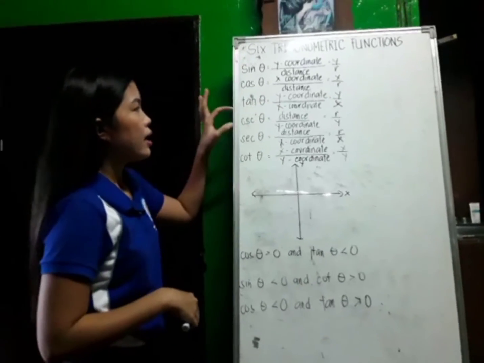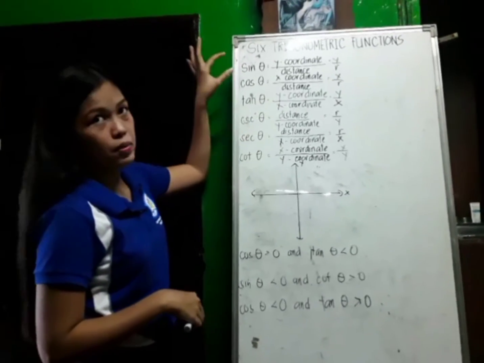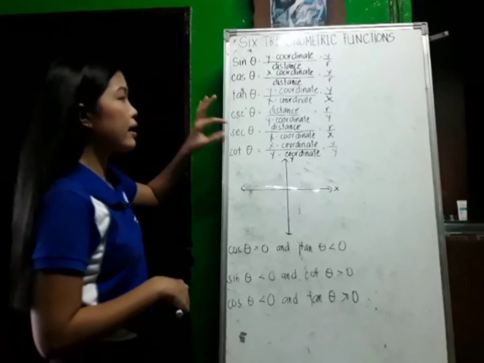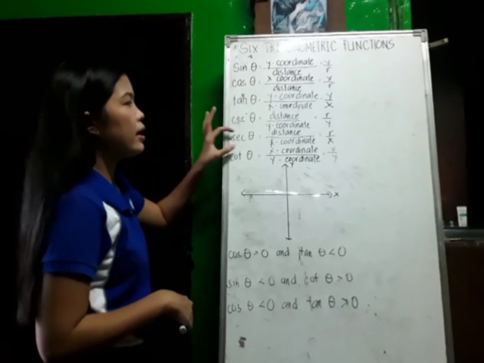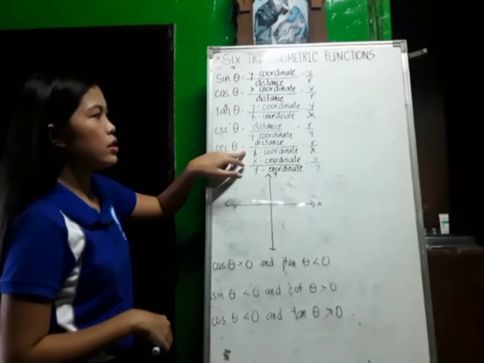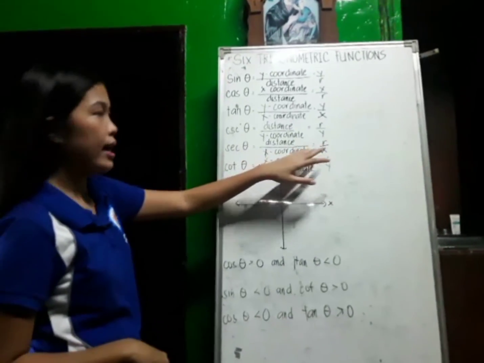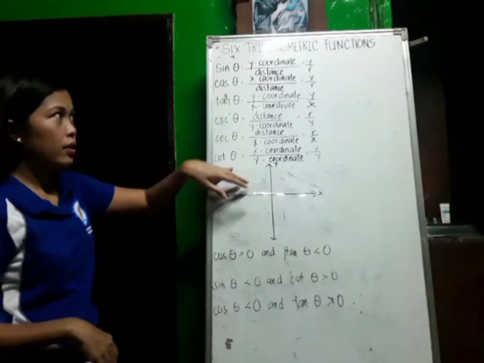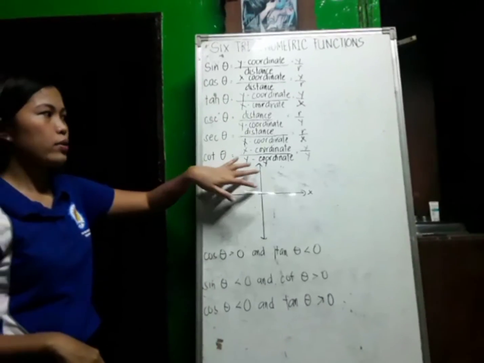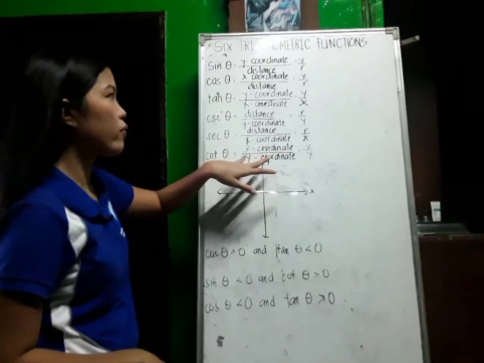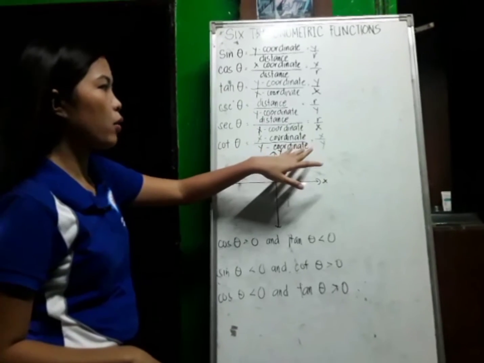Remember that cosecant is the opposite of the sine theta. The secant is the opposite of the cosine theta. Secant theta is equal to the distance over the x coordinate, or r over x. And the cotangent theta, which is the opposite of tangent theta, is equal to the x coordinate over the y coordinate, or x over y.